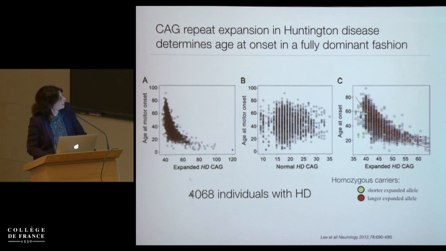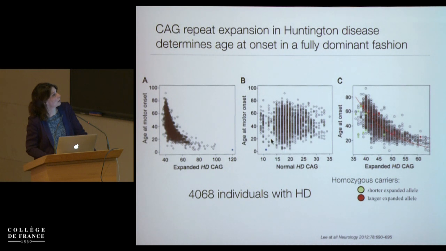What you can see here is that the expanded CAG repeat is a major player in your age at onset, because if you have large repeats, you always start before 20. If you have normal ones around 40, you start between 20 and 80, but on an individual basis it's very difficult, but it's still a very nice correlation.